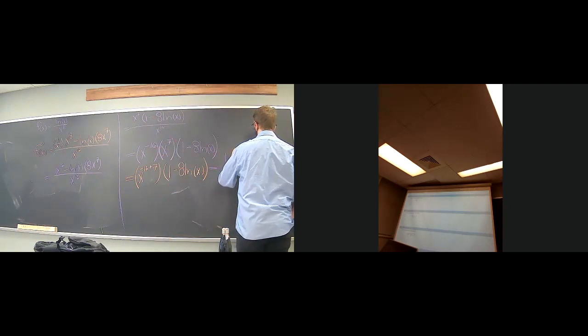We can simplify this exponent, right? That power. This will come out to be 1 minus 8 ln x all over x to the 9th.